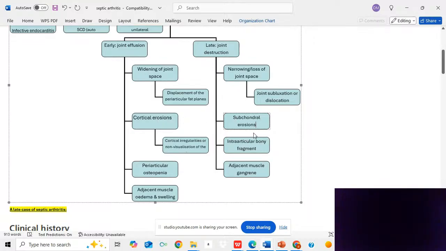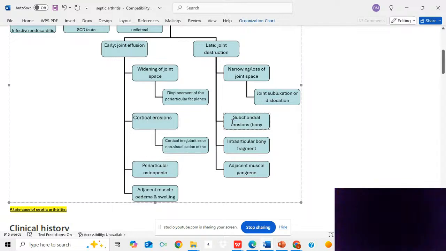Because of the bony destruction, this will lead to an intra-articular bony fragment. So this is a severe form. Here the destruction is only in the cortex.